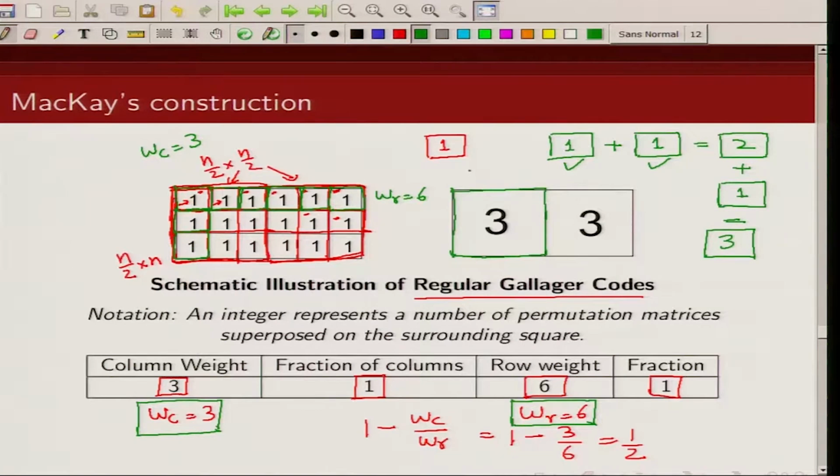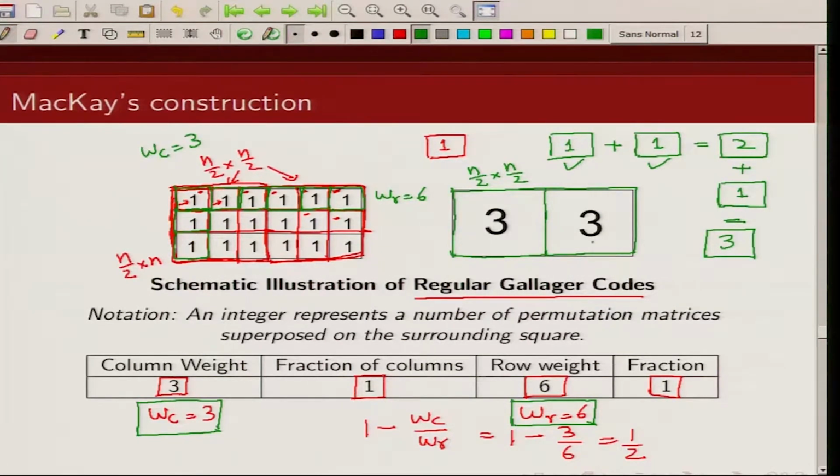I can construct another n by 2 by n by 2 matrix, this one, again by overlapping 3 different random permutation matrices, ensuring that there is no overlap of ones.